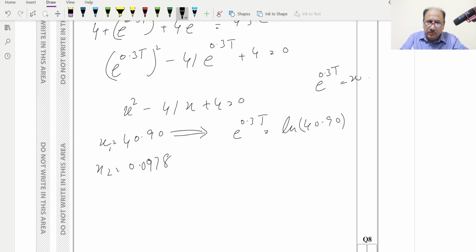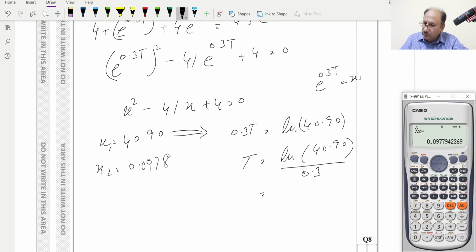What we are doing is taking the log, and once we have taken this log, e will be removed. So 0.3T will be equal to log of this, and T will be equal to log of 40.90 over 0.3.